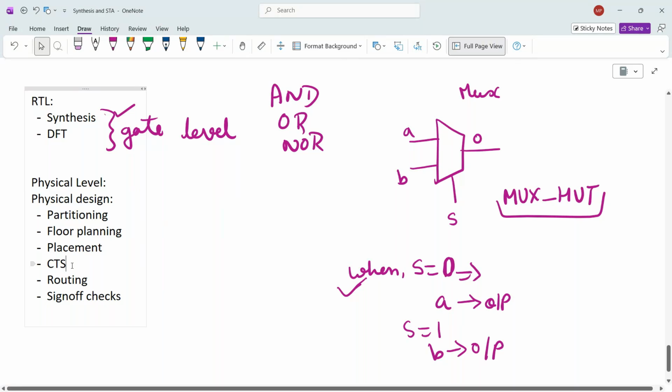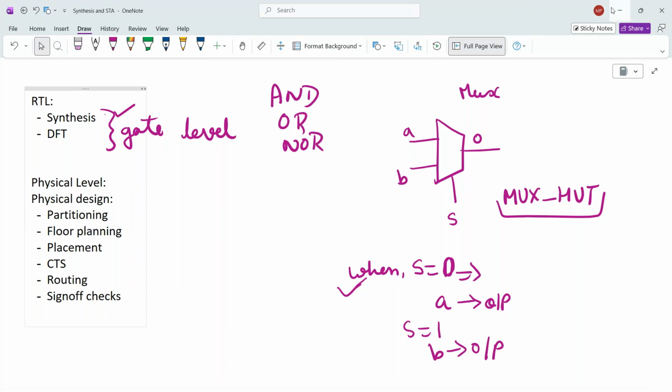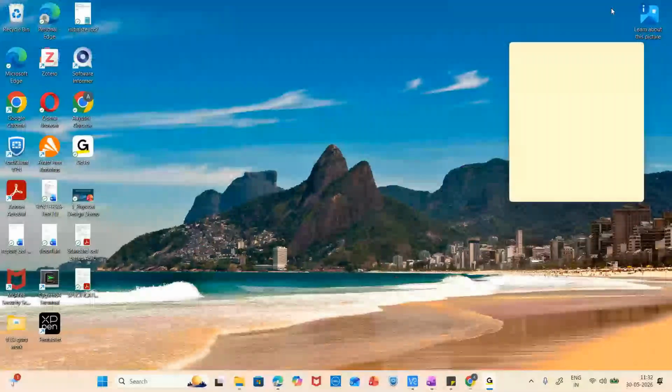So from here we check setup as well as hold as well as DRVs as well as signal integrity issues and fix them. Then in routing, we do the same checks and fix the issues if there are any. Right.